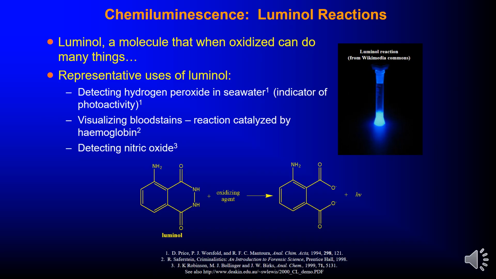Luminol is a molecule that, when oxidized, can do many things. Representative uses of luminol: it can be used in detecting hydrogen peroxide in seawater, indicating photoactivity; visualizing blood stains, a reaction catalyzed by hemoglobin; and detecting nitric oxide.